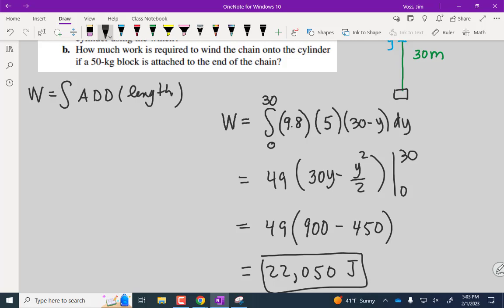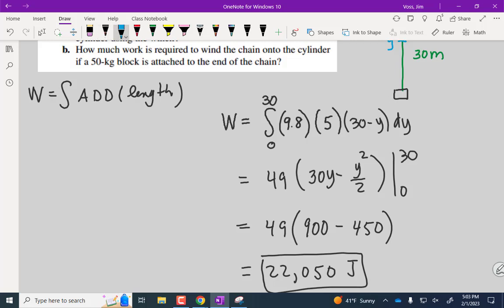When we're doing the pump problem, each slice travels a different distance. When we're looking at the chain, each segment of chain travels a different distance. But if the block is like a point mass, the whole thing just is lifted. So we can do MGH for that.